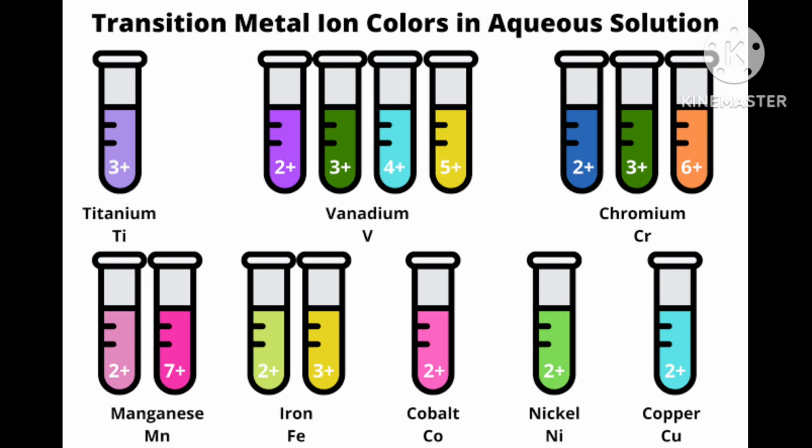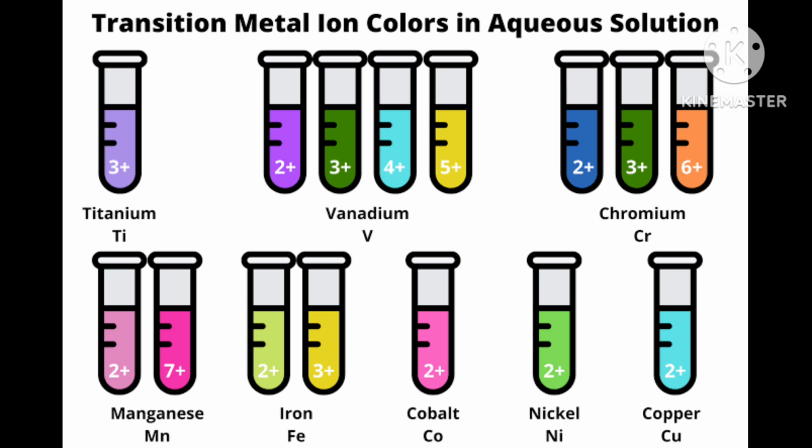Reaction you see: 2CrO4 2 minus plus 2H plus, means acidic medium, you will get Cr2O7 2 minus plus H2O.